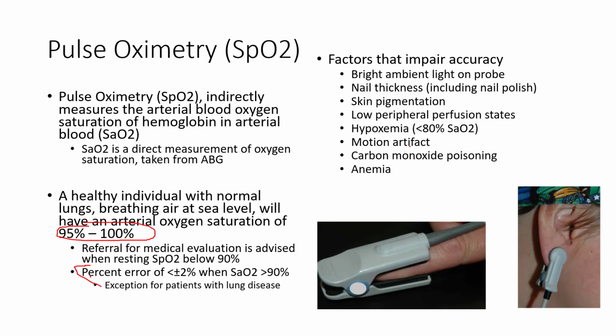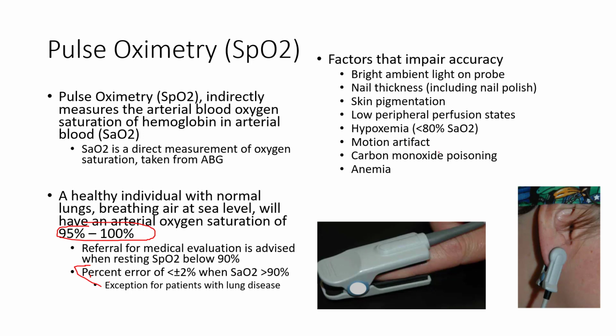Motion artifacts. If you're moving your arm around a lot, the signal might not be super accurate. Quite often people fall victim to this when they're assessing patients during exercise, and they get really concerned if the values are super low. Well, if you're assessing during exercise, it might not be giving you an accurate reading. So you've got to make sure the arm or whatever limb you're assessing is stable.